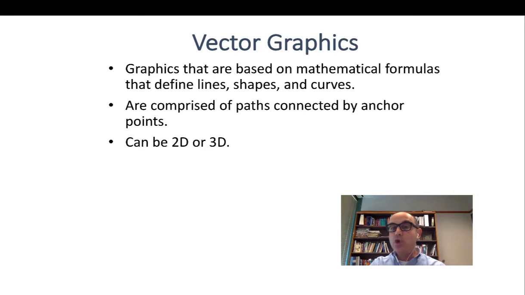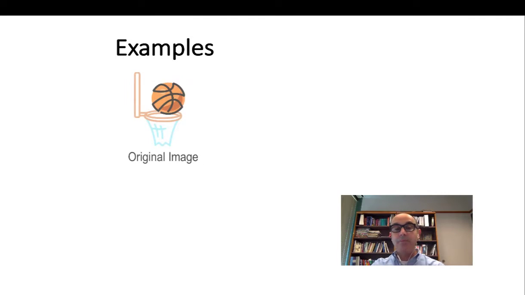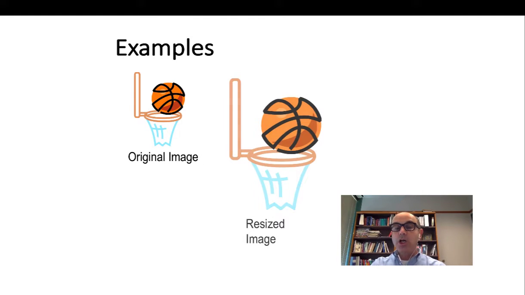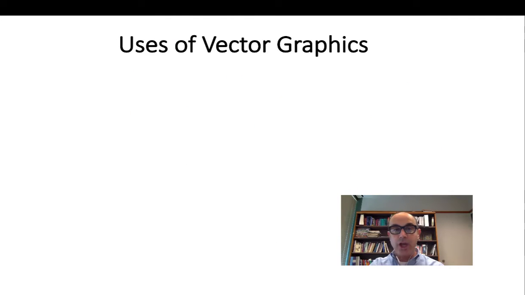They can be in 2D or 3D, and they can be edited. So vector graphics rely on the anchor point, the path, and the shape. For example, the original image, the resized image, and the shape that makes up the image. By doing that, we are able to add dimension to our visual illustration.